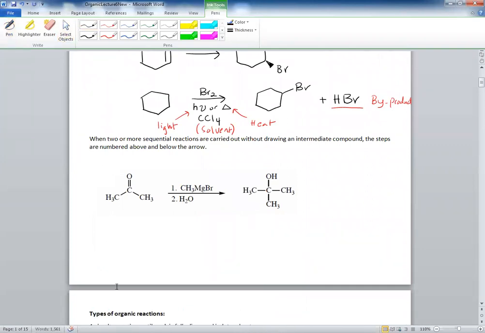And that's when you have two or more sequential reactions or steps carried out without drawing the intermediate. So the middle part is not drawn. And what we do is we just focus again on the overall transformation. If you look at this reaction right here, you notice that you have a starting material right here. And then you have steps.